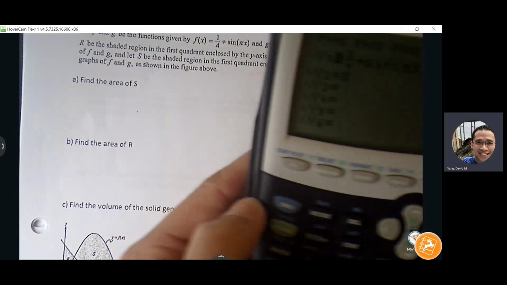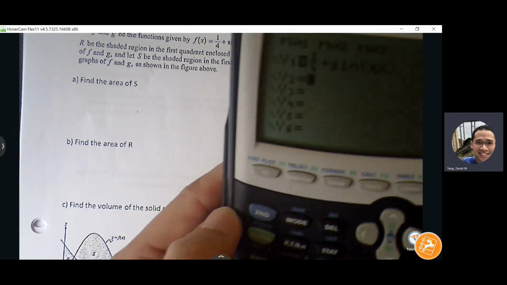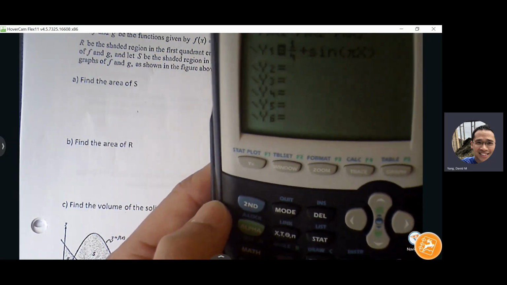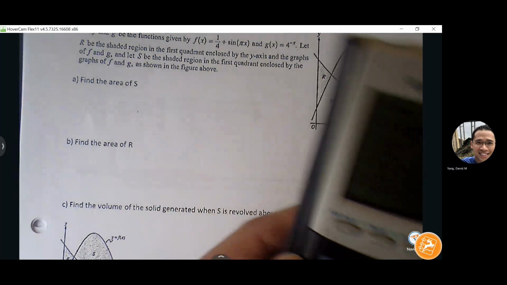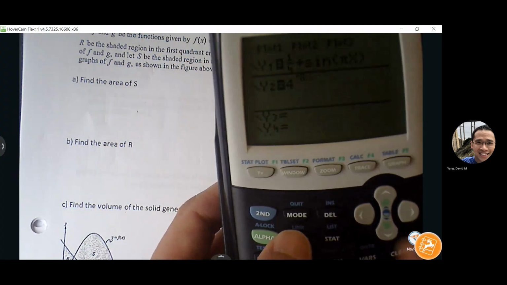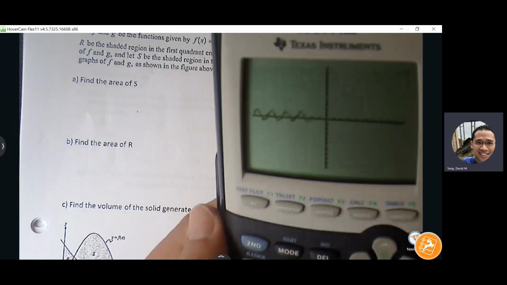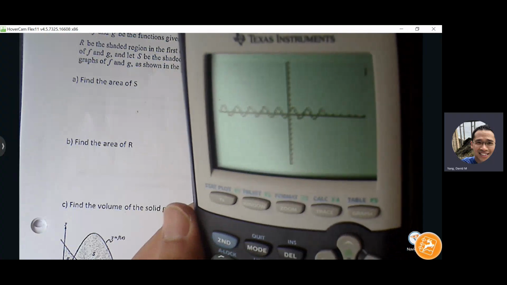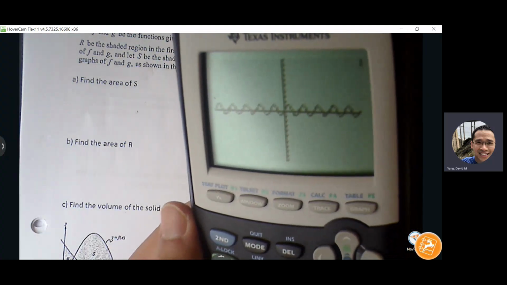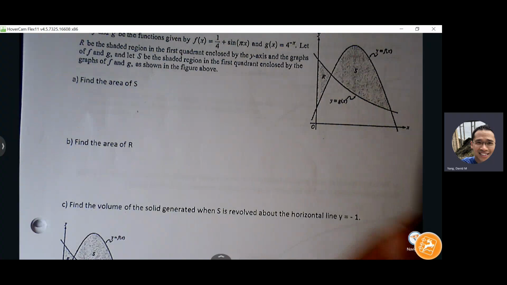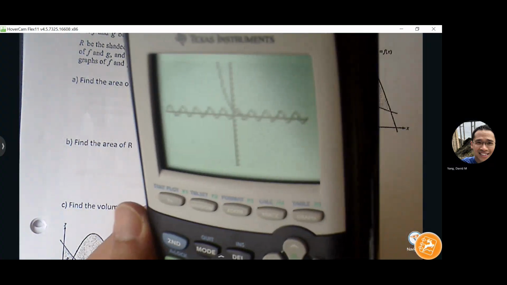Also, your calculator will always be in radian mode. Okay, your calculator will never be in degree mode. I like to start with Zoom 6 just to see what I'm working with, but a lot of times I'm gonna have to zoom in because this is too small, right? It's that little region in the first quadrant.